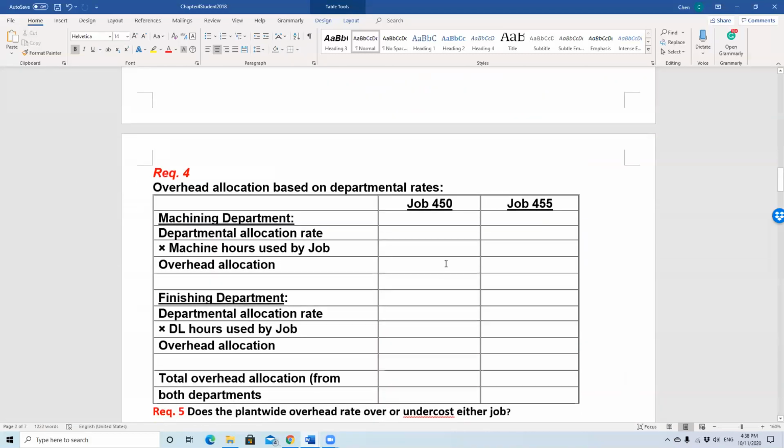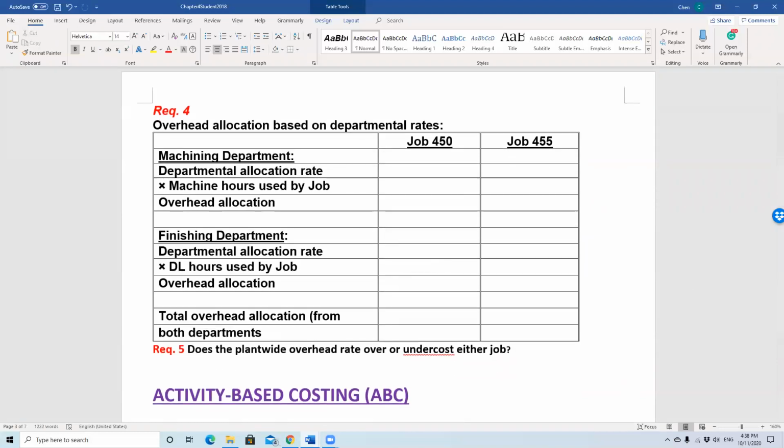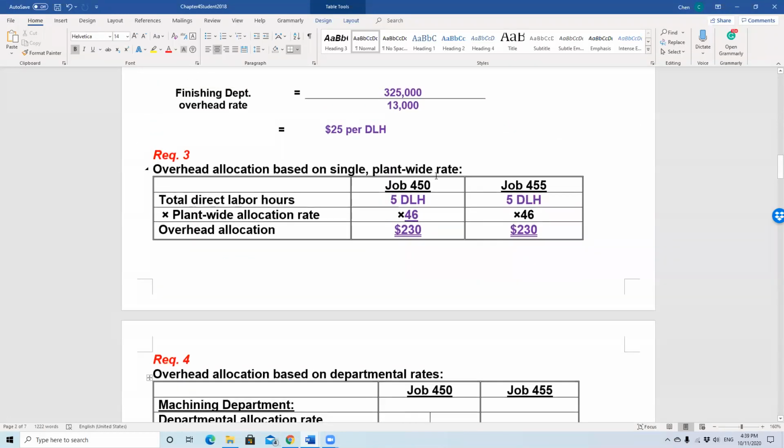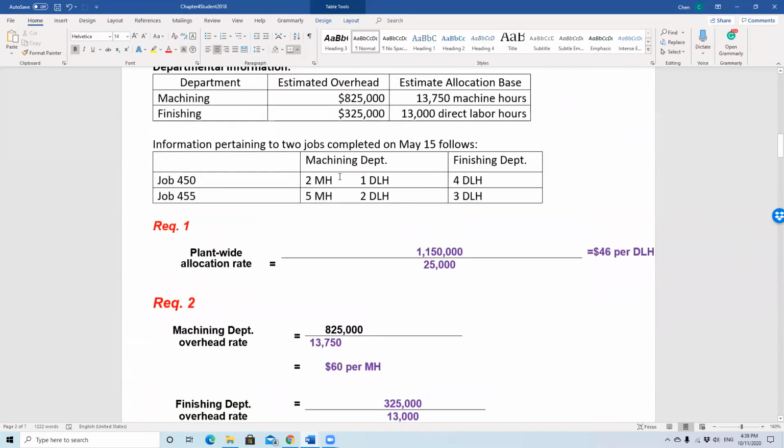And the next requirement is we're going to do an overhead allocation based on departmental rates. For the machining department, for job 450, if you look back, it requires 2 machine hours.